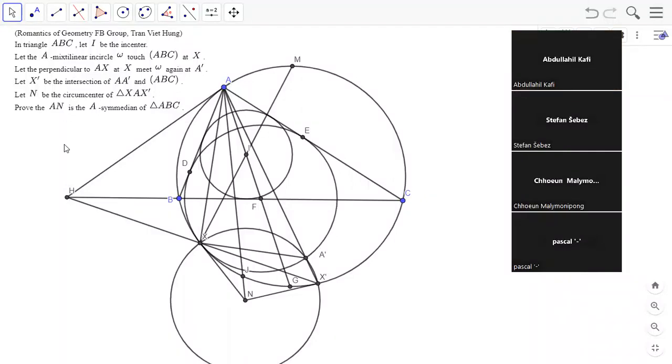So this is our second problem, and we've kind of reduced it to a simpler problem.